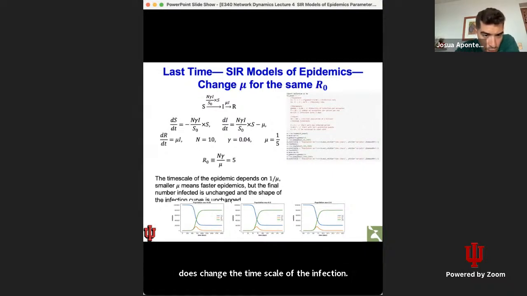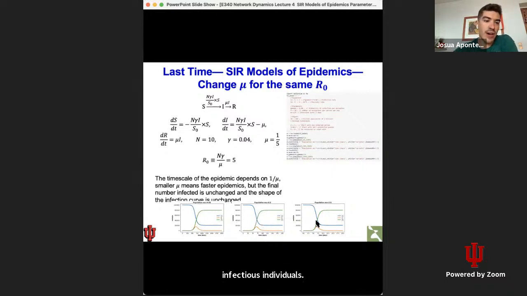So the bigger mu is, the faster the epidemic is over, and by over, we mean that there are no remaining infectious individuals.